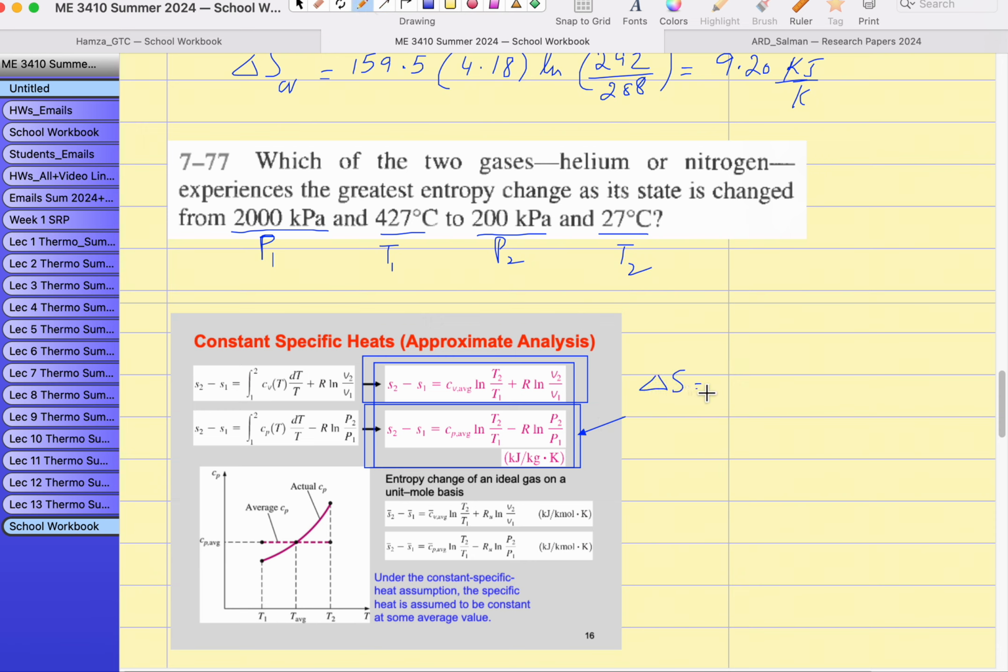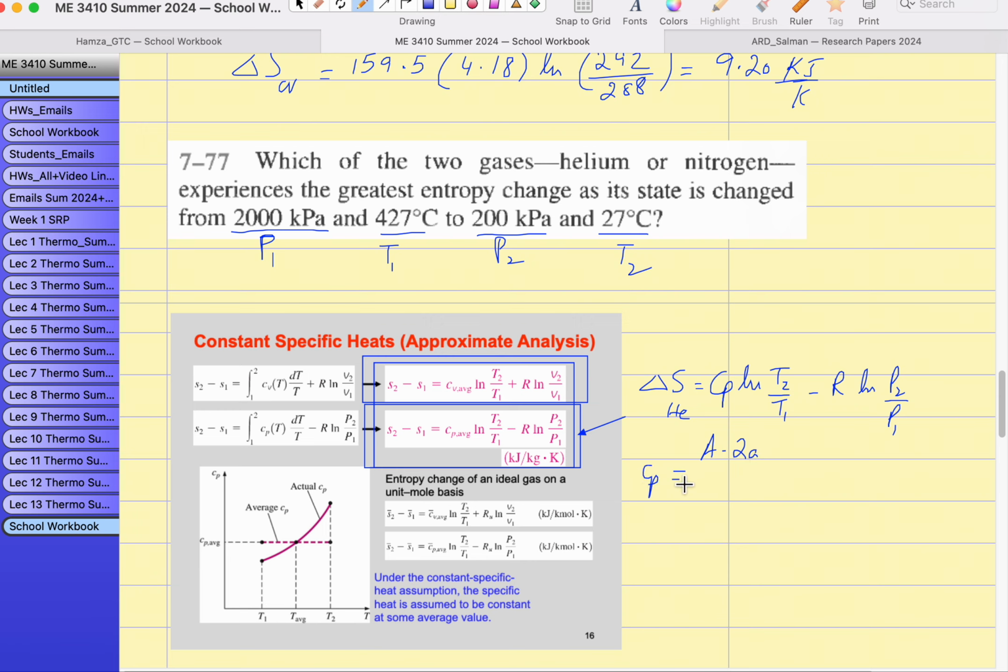So let's do this for helium, with Cp average: Δs = Cp ln(T2/T1) minus R ln(P2/P1).